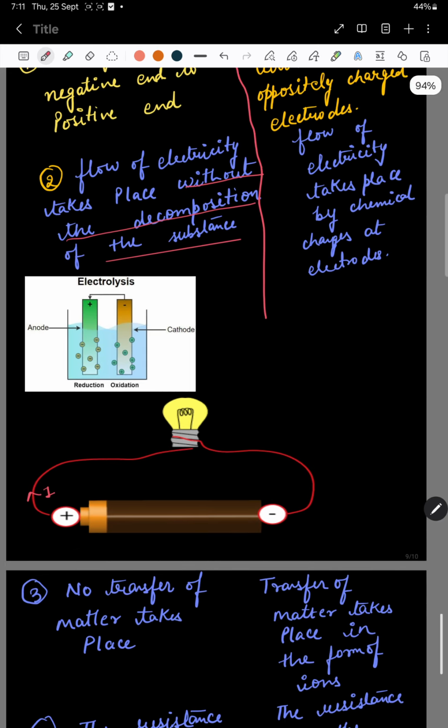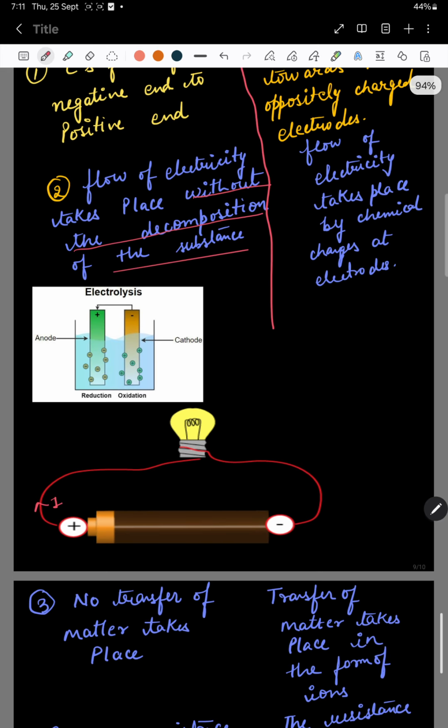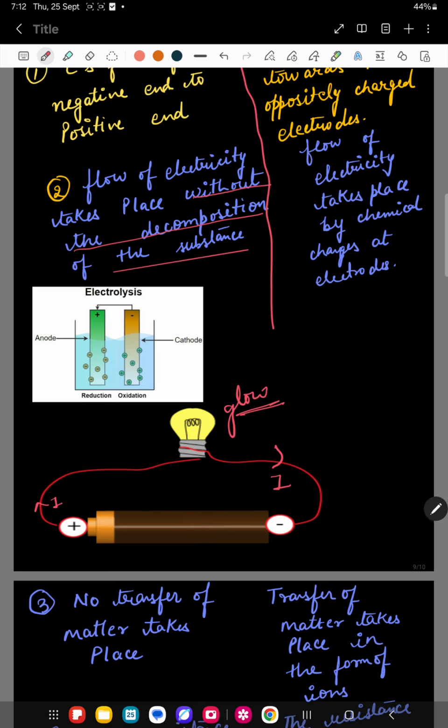What would you observe? The bulb will glow when the current conducts from the positive terminal to the negative terminal. Once the current reaches from positive to negative terminal, it starts to glow.